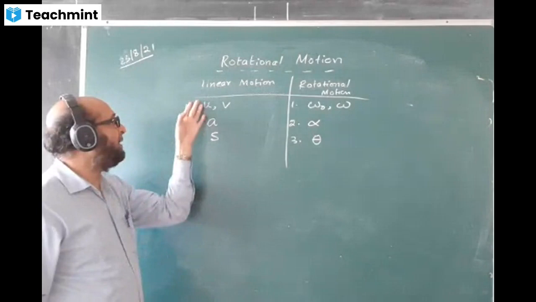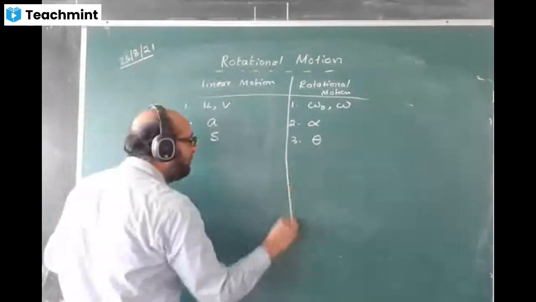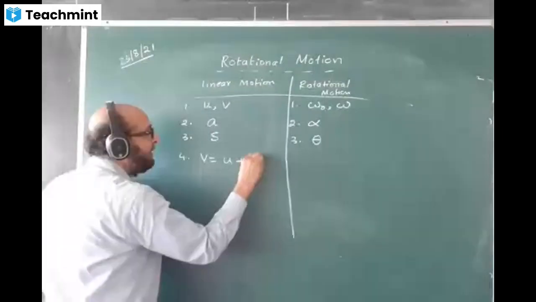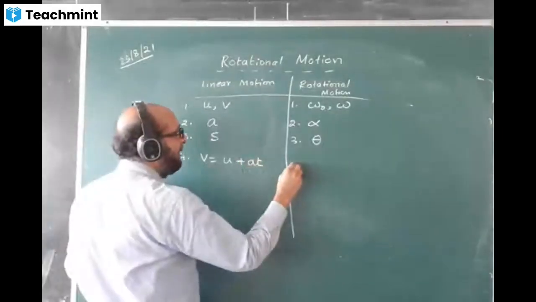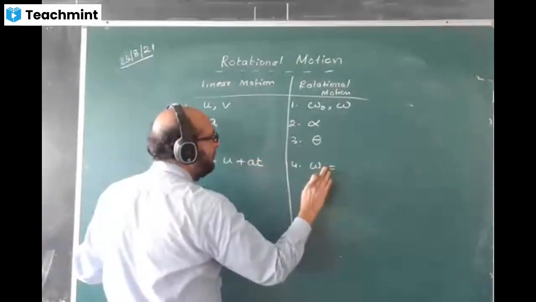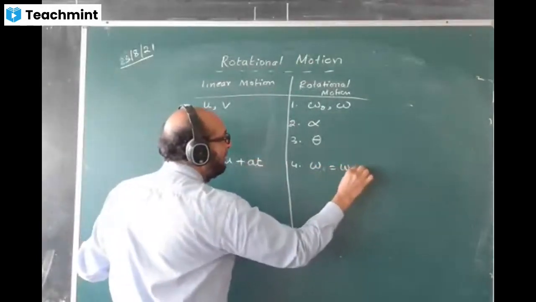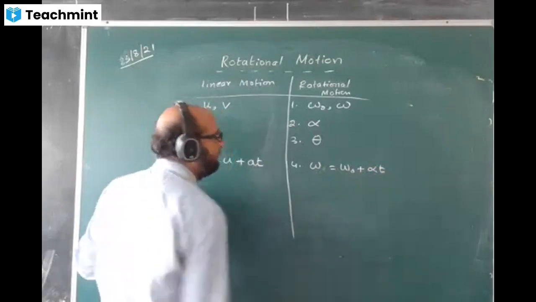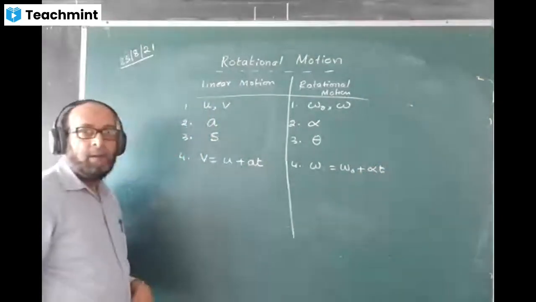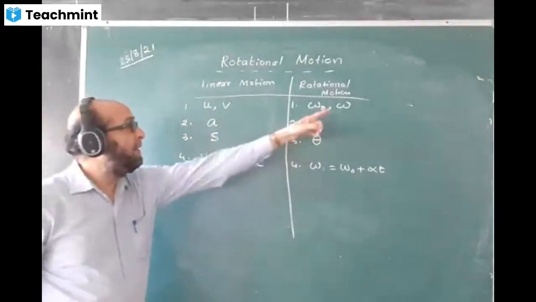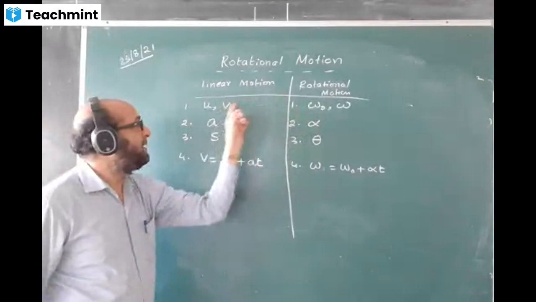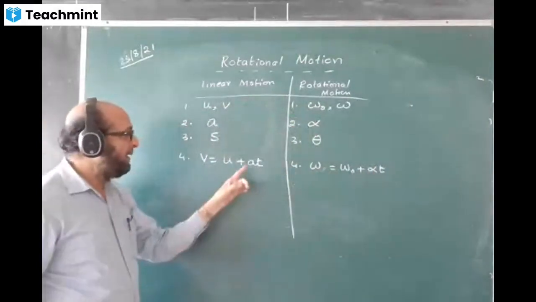So we have three comparisons of the equations like this: omega equals omega naught plus alpha t. v is the same as omega, u is the same as omega naught, and a is the same as alpha.